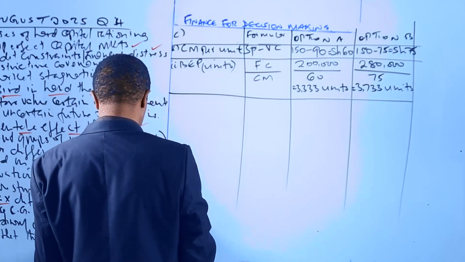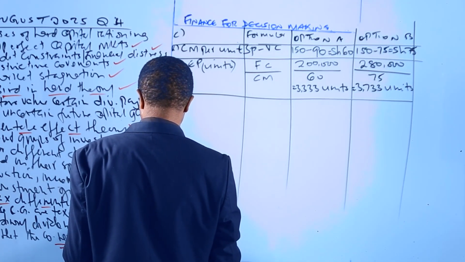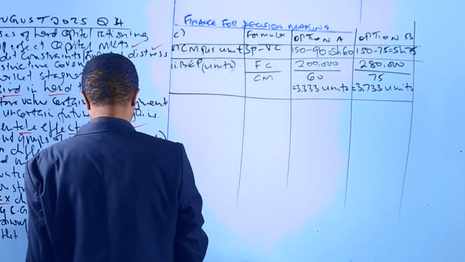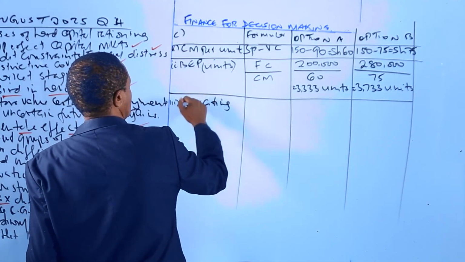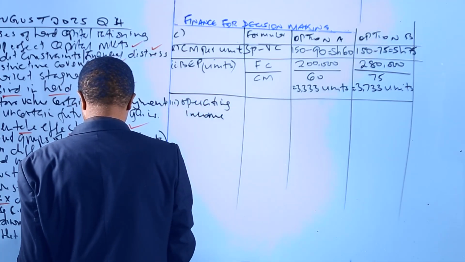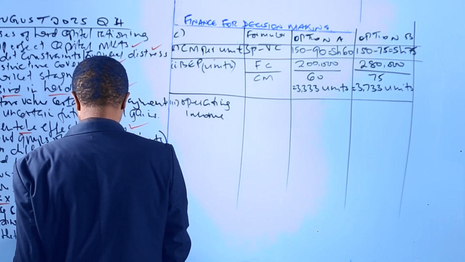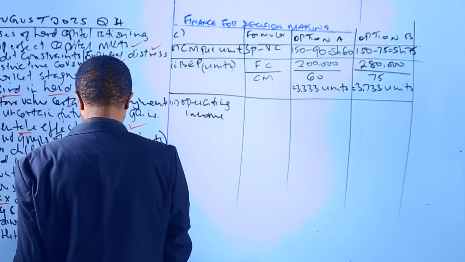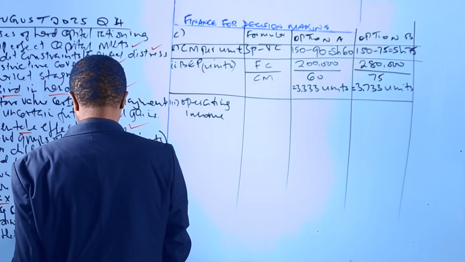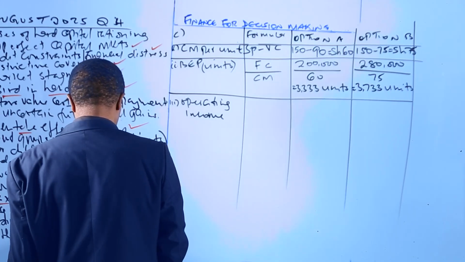Then Roman 3, the operating income under both options. How do we calculate the operating income? Look at the question. What information do we have? We have expected sales. So we will determine our operating income by using the expected sales.